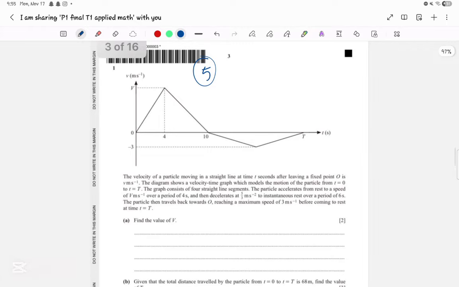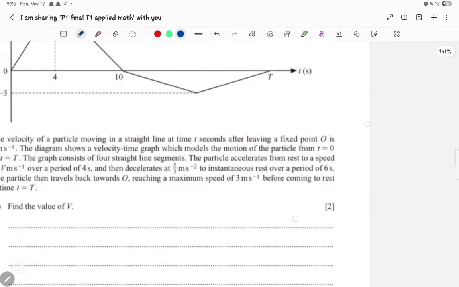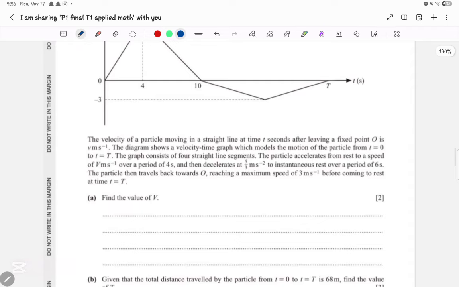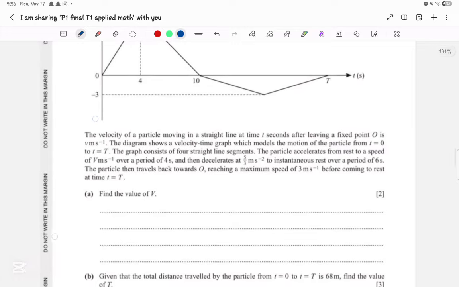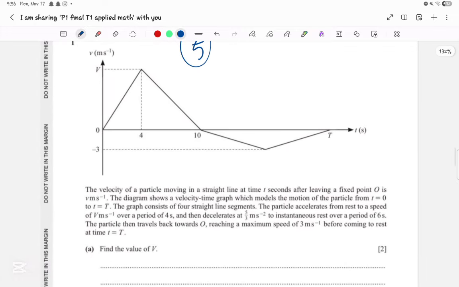So I like to read again what he told us. The velocity of a particle moving in a straight line at a time t seconds after leaving a fixed point O is v. The diagram shows the velocity-time graph which models the motion of the particle from t equals 0 to t equals T. The graph consists of 4 straight line segments.